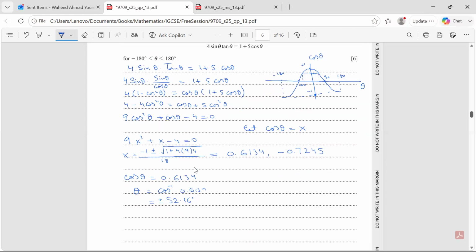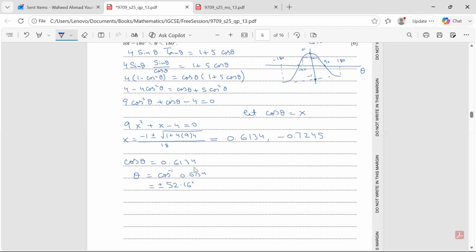In the same way, if I take this other value, cos theta is equal to negative 0.7245, then theta is equal to cos inverse minus 0.7245. It gives me again two answers. One answer by the calculator is 136.43.